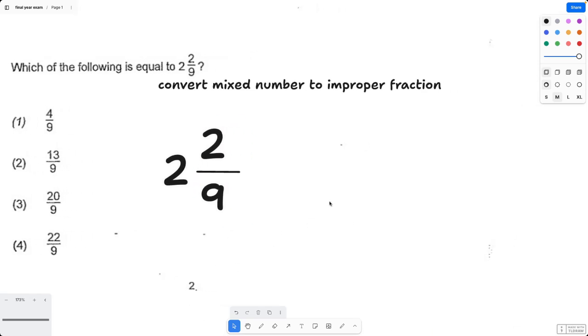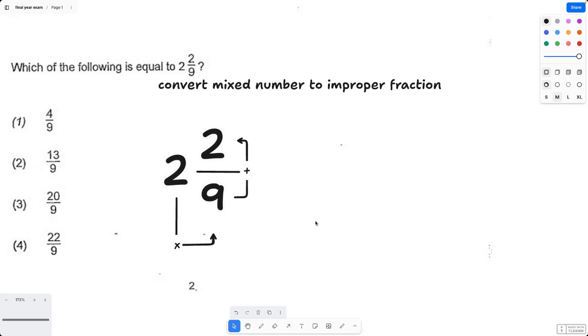pretty straightforward. So this is how I usually do it. Basically, you have 2, you multiply it by 9 in this case over here. So when you have 2 multiplied by 9, and then after that, same thing from 9, and then you plus 2 over here, right? Like this.